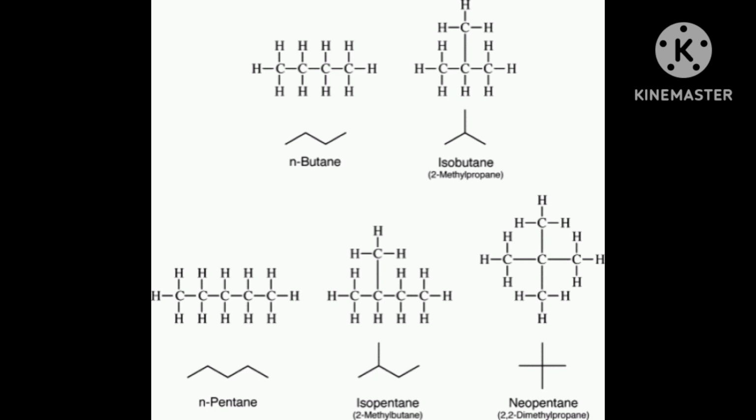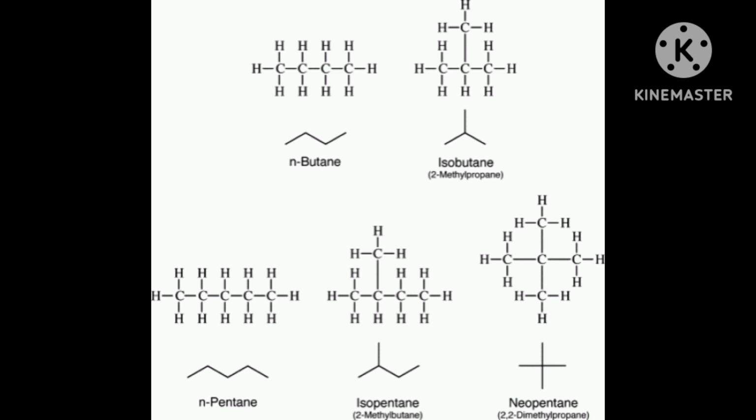Here bromine will take that electron. Then bromine will have a negative charge and CH3 will have a positive charge.